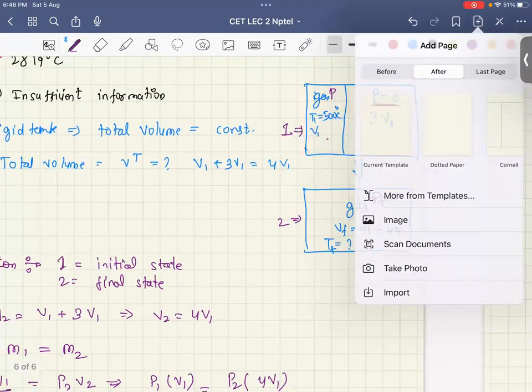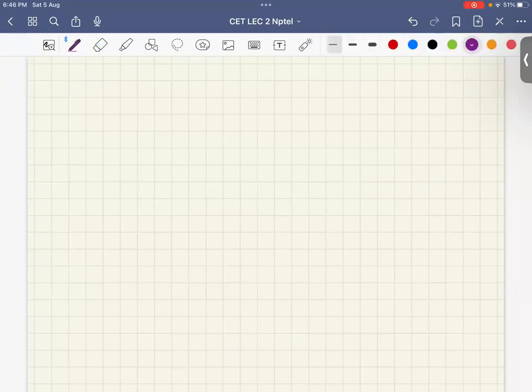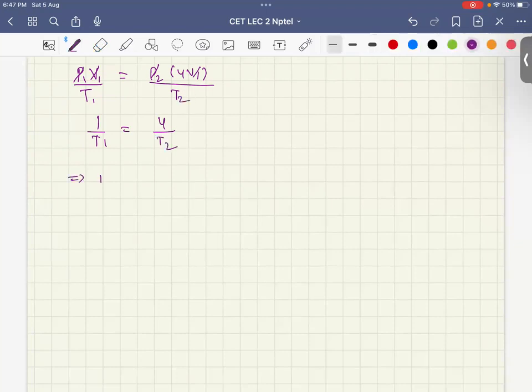So what we have is P1 V1 by T1 is going to be nothing but P2 into 4 times V1 by T2, right? So P gets cancelled, and V1 also gets cancelled. So what we have is 1 by T1 is going to be 4 by T2. Implies T2 is nothing but 4 times T1. And what is T1?